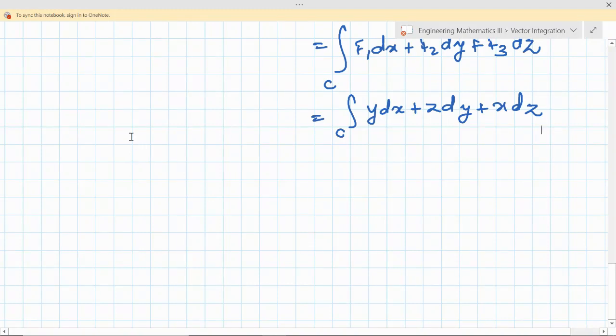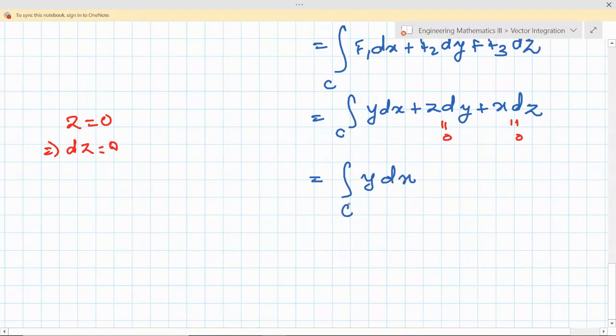But see here, z is equal to 0, and this implies dz is also 0. So these two terms will automatically become 0, and this is equal to the integration of y dx over C. Call it 1.